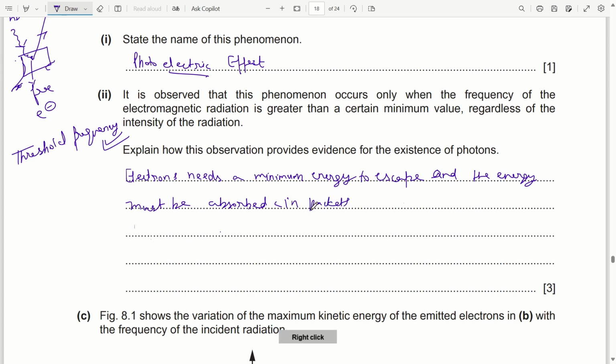Packets here we are referring to photons, that are related to frequency.